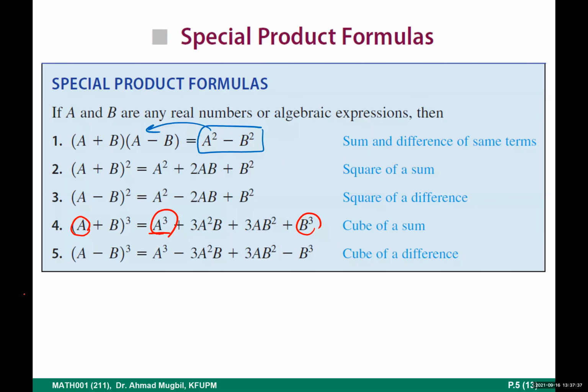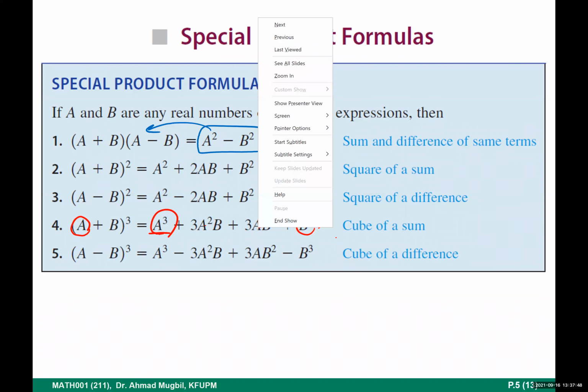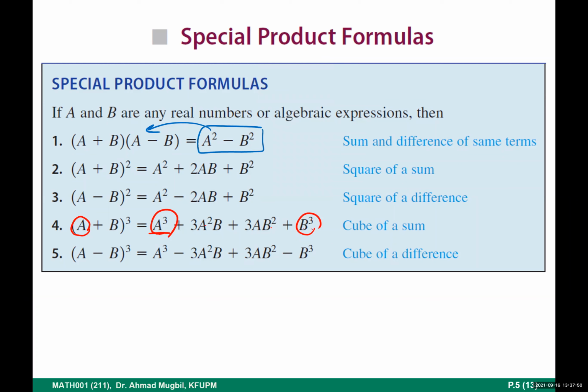Then a cubed will be squared and then to the power 1, and then of course a to the power 0. For b it will be b to the power 0, then 1, then 2, then 3. So the powers of a decrease and the powers of b increase. I will show you a method how you can memorize or remember this easily if you want to use it.